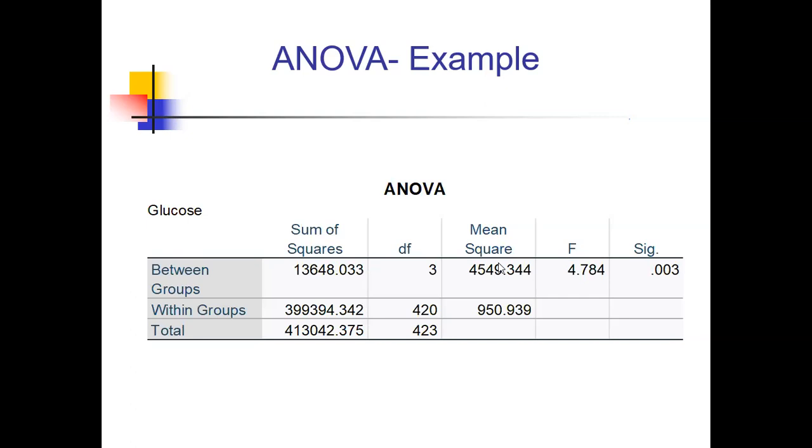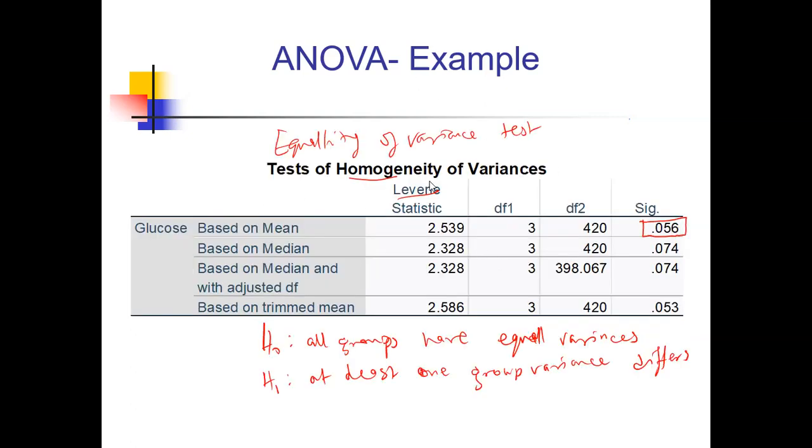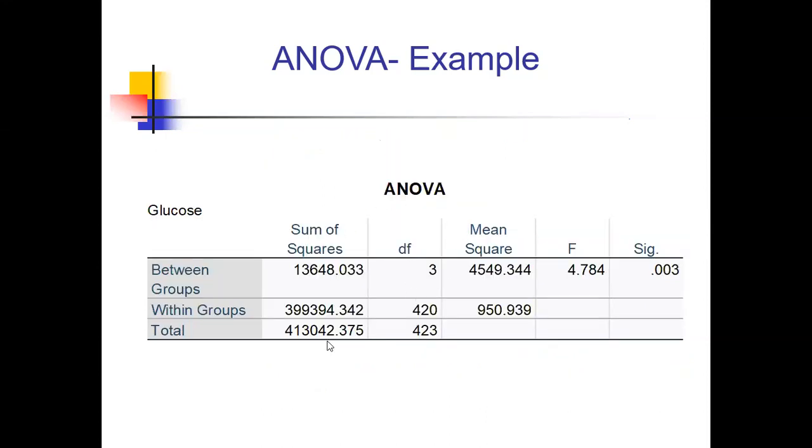All right, so if the homogeneity of variance test is met, if the variances are equal, the table you interpret is the ANOVA table. That's what gives you your result for the analysis of variance.